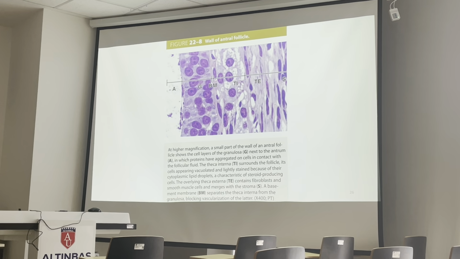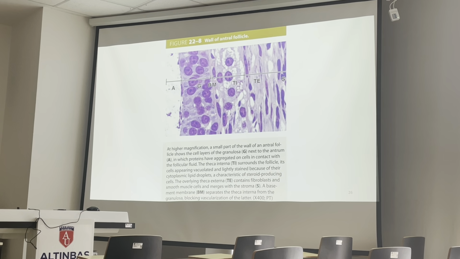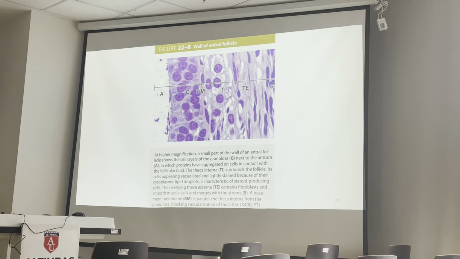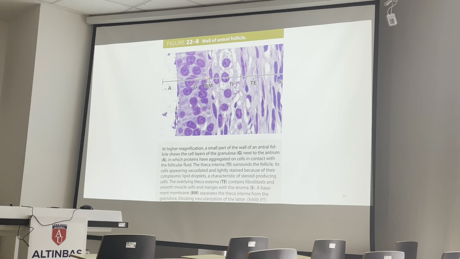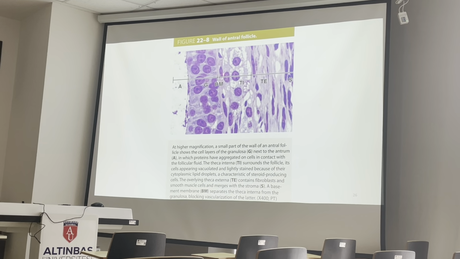Let me look at the wall of the antral follicle in high magnification. Here we can see our antrum. In this part we can see the granulosa layer. This part is the basement membrane. Here we can see theca interna cells with foamy cytoplasm.